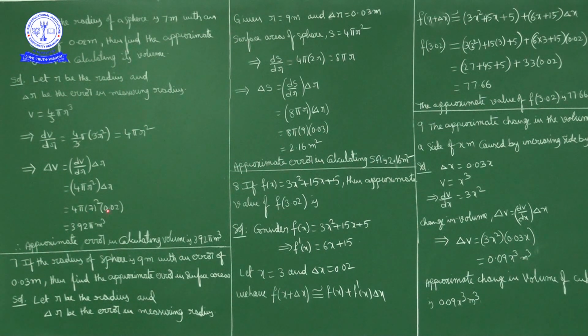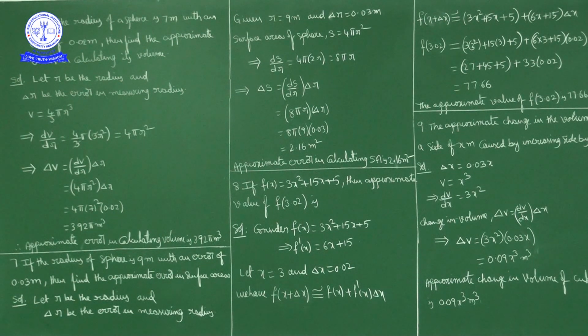After simplification, we get 3.92 pi cubic meters. This is the approximate error in calculating the volume: 3.92 pi cubic meters.